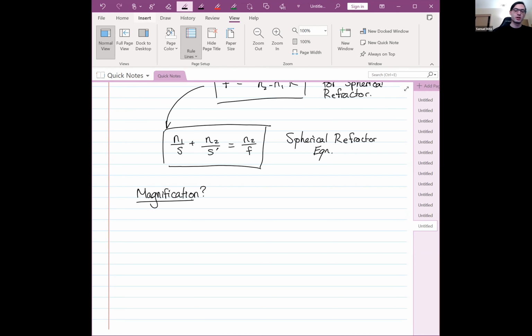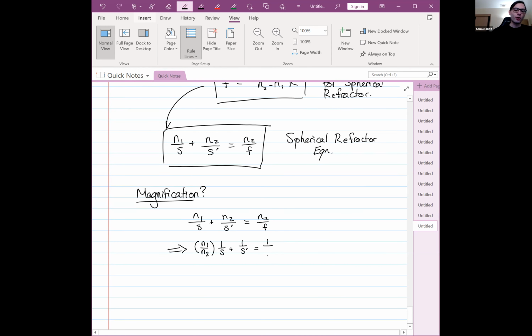So the spherical refractor formula is n1 over s plus n2 over s prime equals n2 over f. Then I'm going to divide both sides by n2. So what we have is n1 over n2 times 1 over s plus 1 over s prime equals 1 over f.